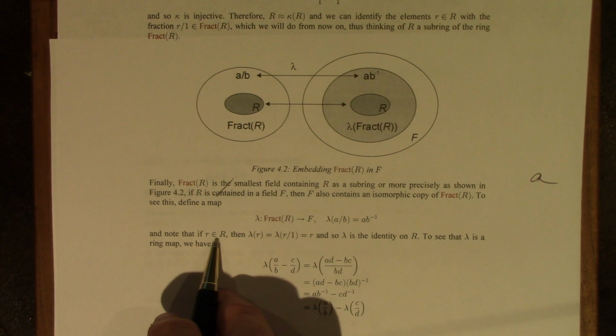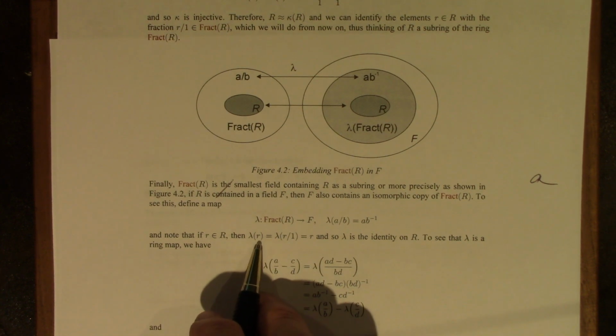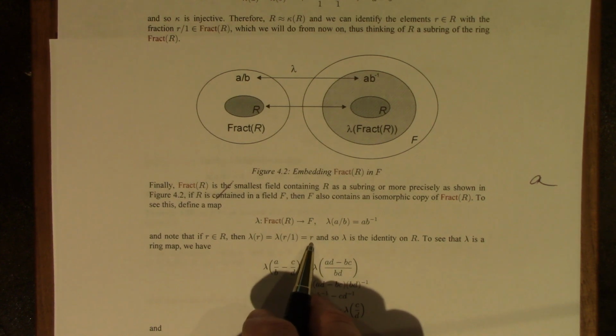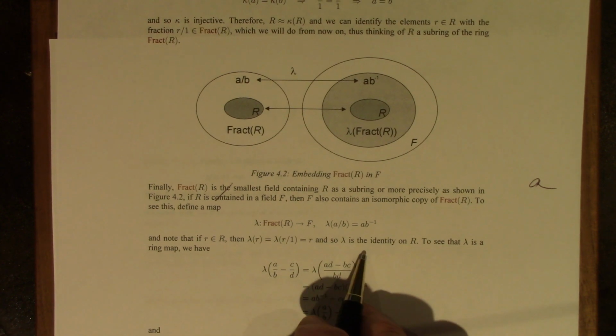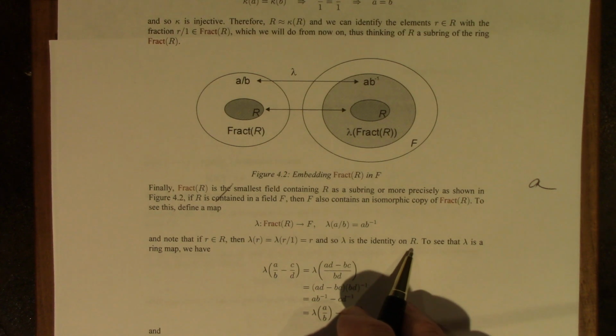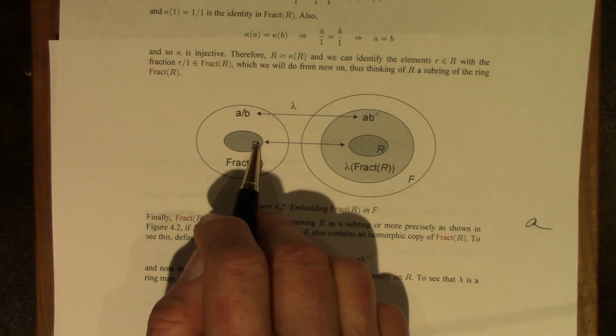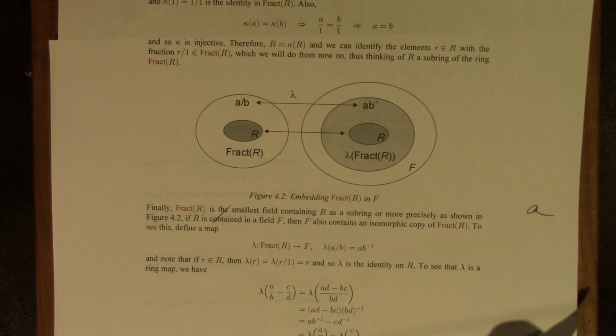If little r is in R, then lambda of little r, which is lambda of r over 1, is in fact equal to r. So lambda is the identity on R. So R is mapped to itself.